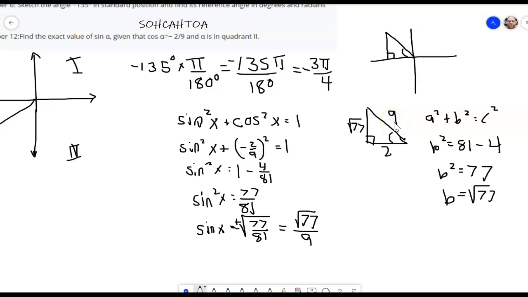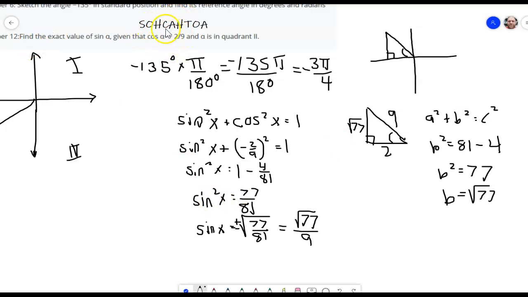My sine is opposite over hypotenuse, SOHCAHTOA, and it's positive because I'm in the second quadrant, so that's square root of 77 over 9, which I found out the hard way using the Pythagorean identity down here. My tangent, if I needed to know that, would be opposite over adjacent, so that would be square root of 77 over 2.